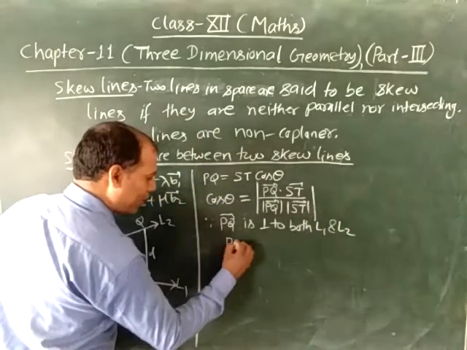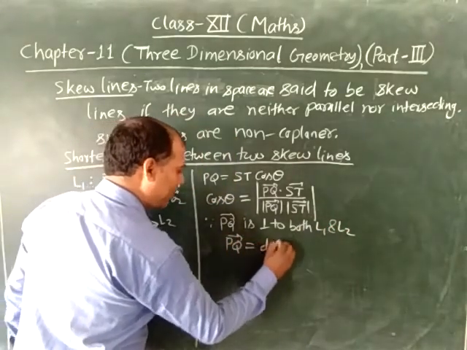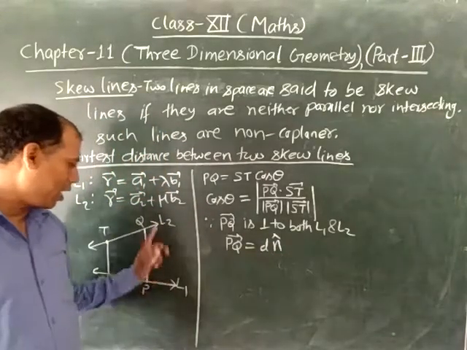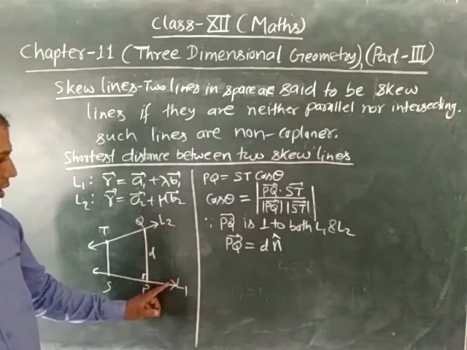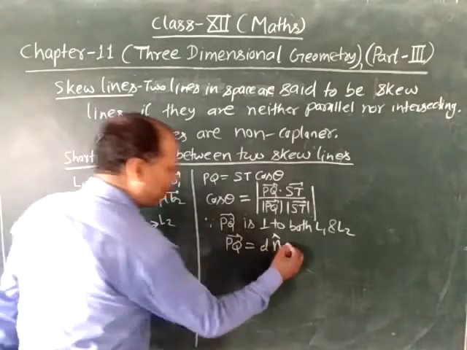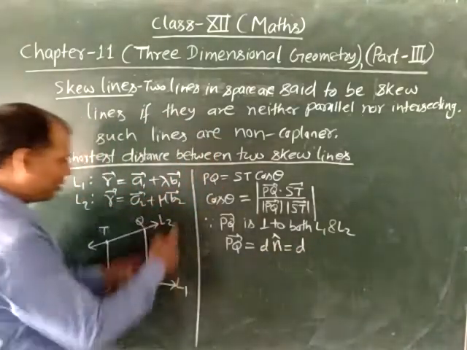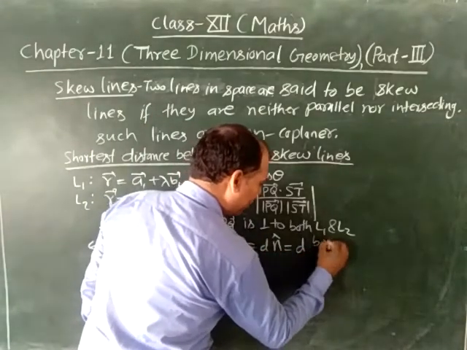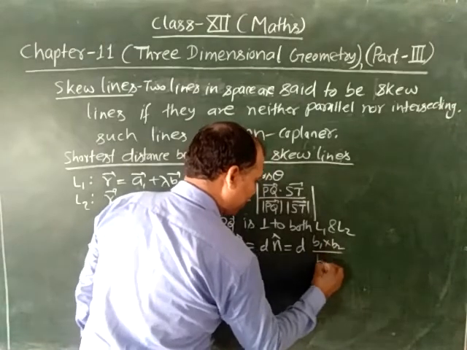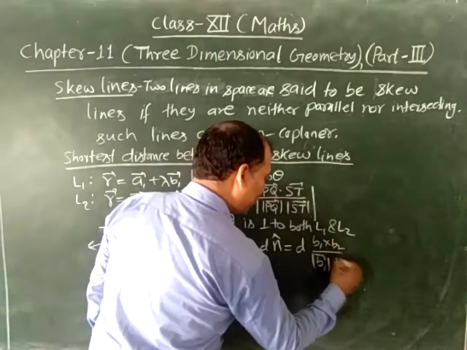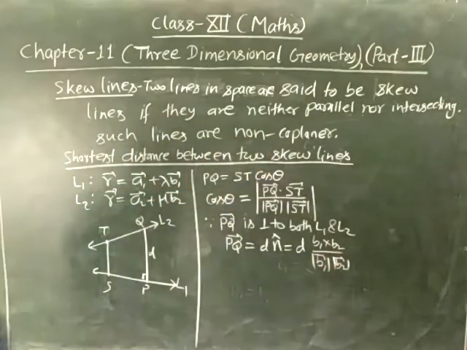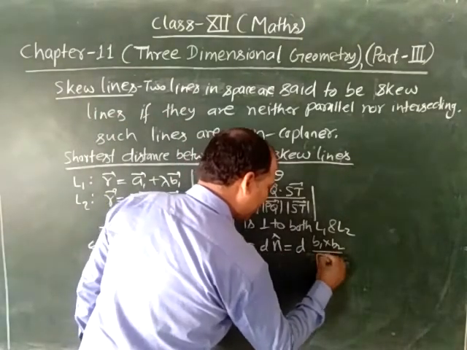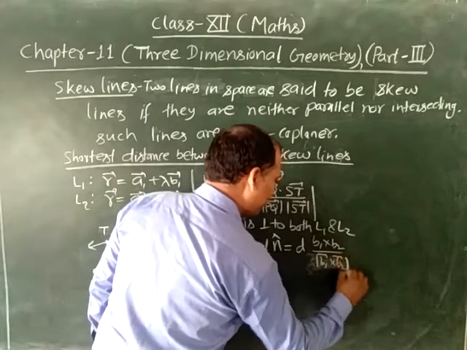So vector PQ can be written as D n cap, where n cap is the unit vector perpendicular to both L1 and L2, and vector n cap can be found by the unit vector of V1 cross V2 divided by mod V1 cross V2.